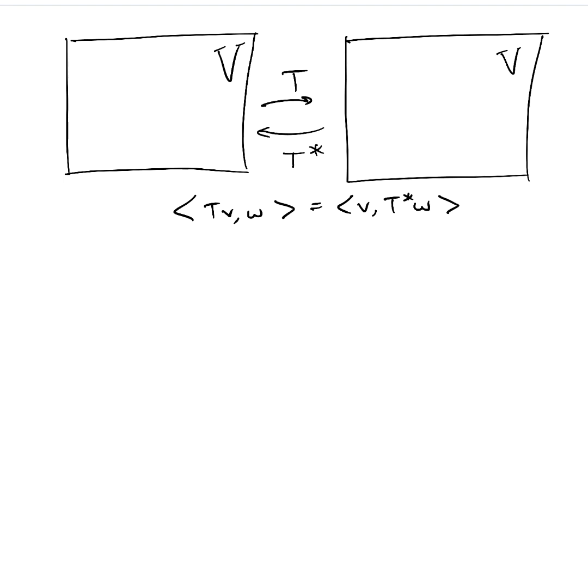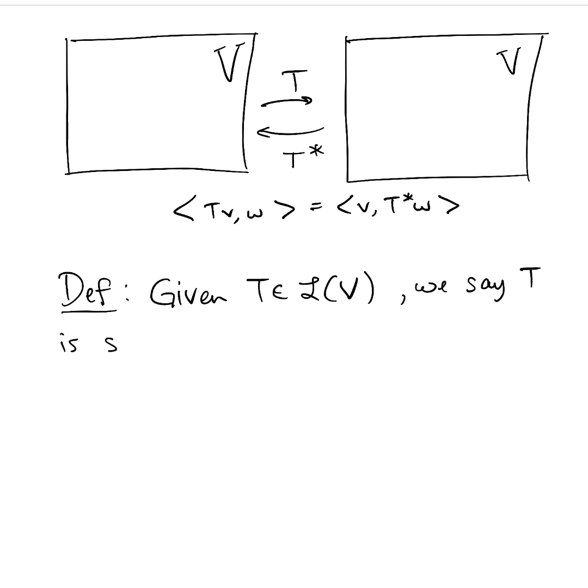So this is a definition. Given T, a linear operator on an inner product space V, we say T is self-adjoint if T star is simply T, if it equals its own adjoint.